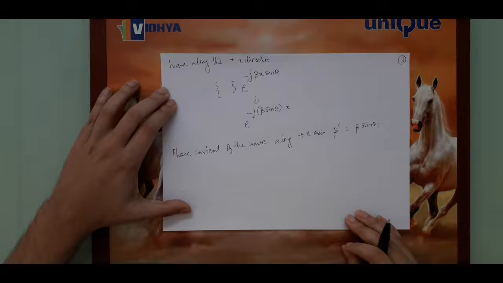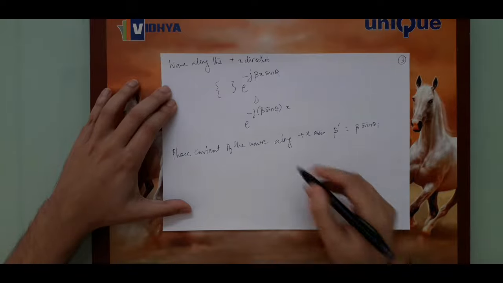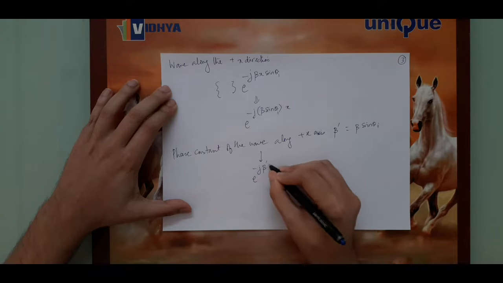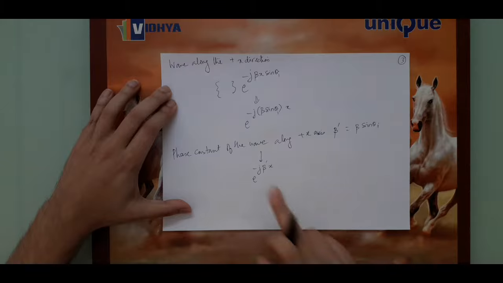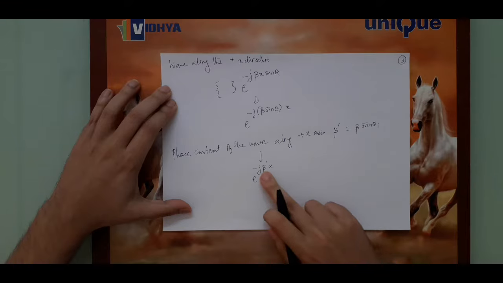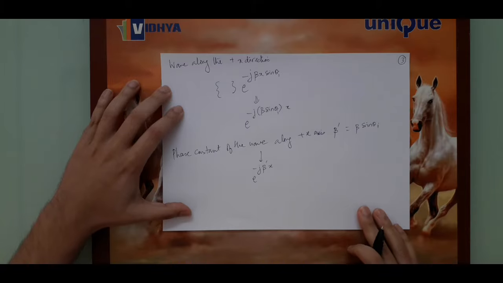With this, the wave can be written in the form of e raised to minus j beta prime x. So this is the wave traveling along the plus x direction, having a phase constant of beta prime.